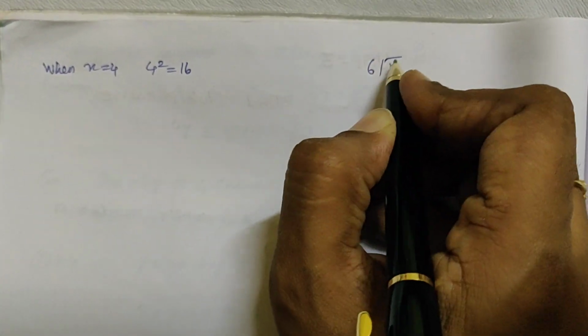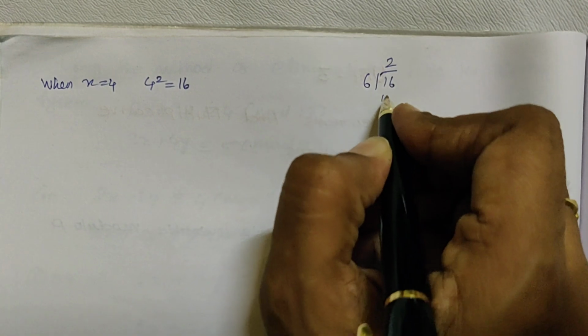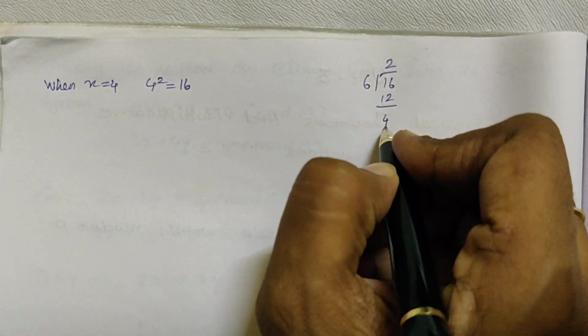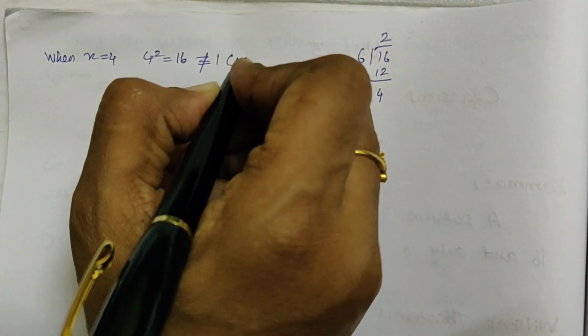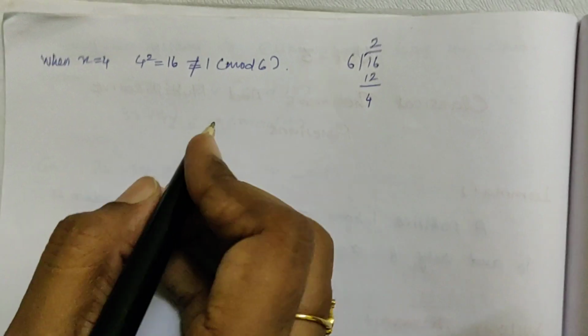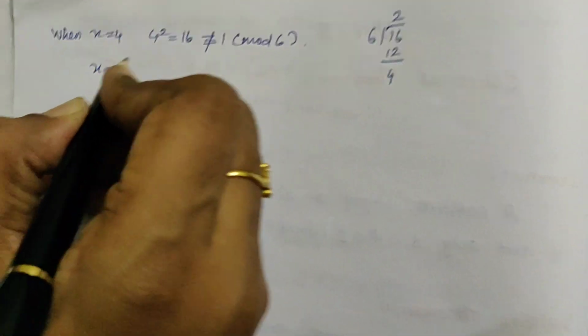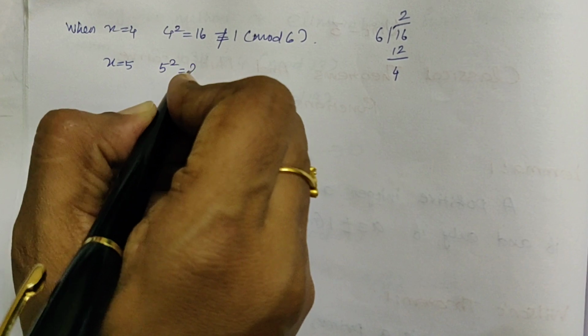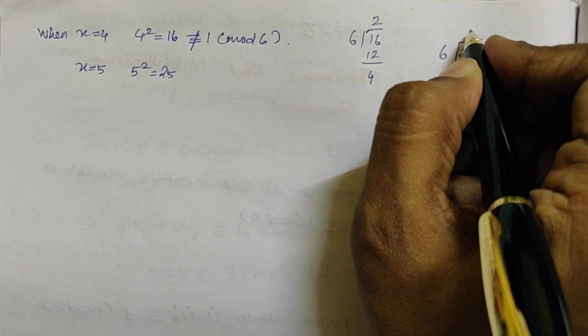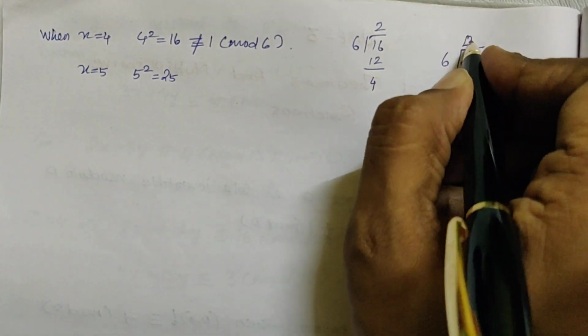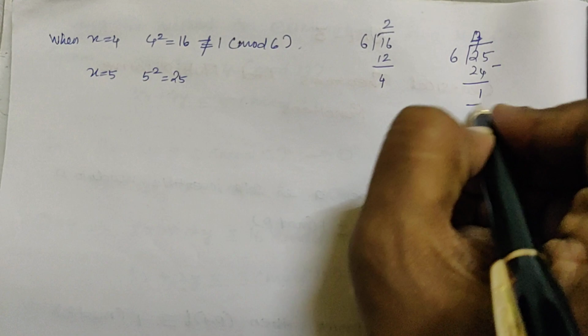Now let us see when x equal to 4, that is 4 squared equal to 16. Now divide 16 by 6, then you will get the remainder 4, which is not congruent to 1 mod 6. Next, when x equal to 5, 5 squared is equal to 25. Now divide 25 by 6, you will get the remainder 1.